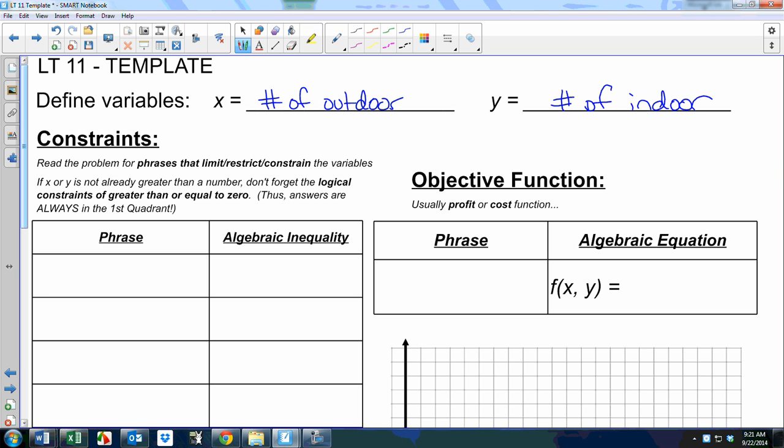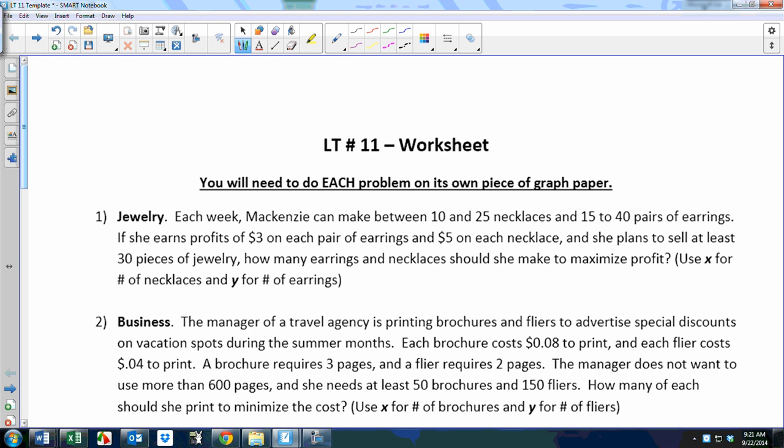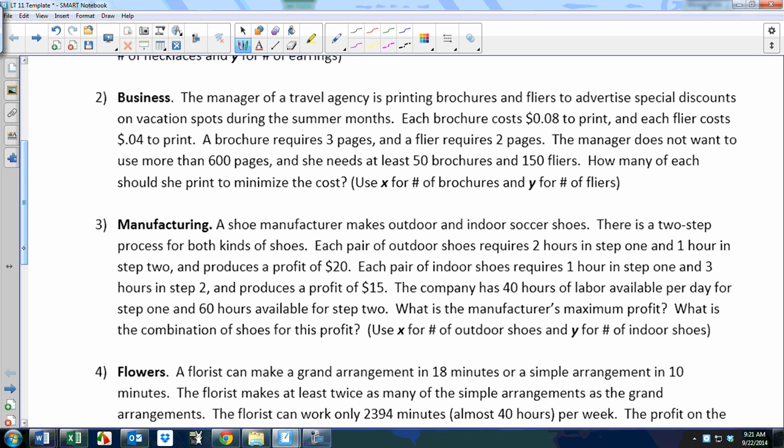We now look for phrases that limit your production, and there are only 2 of them. When you reread this problem, the company has 40 hours of labor available per day for step 1. That phrase is a limit on how much production you can make.